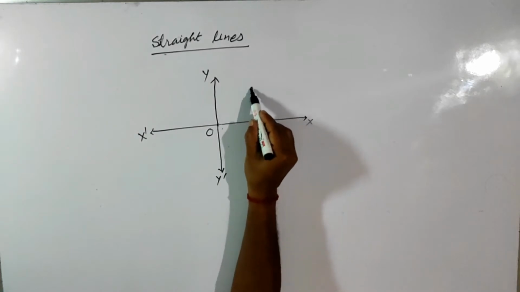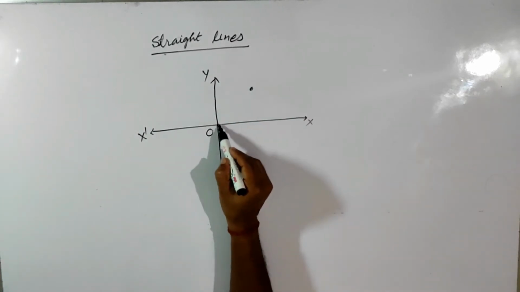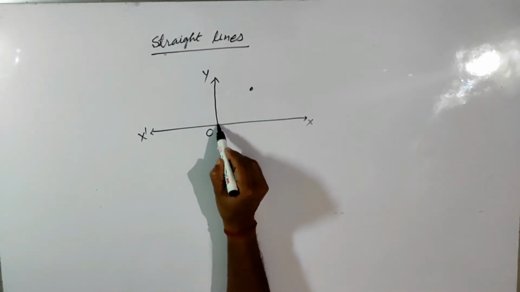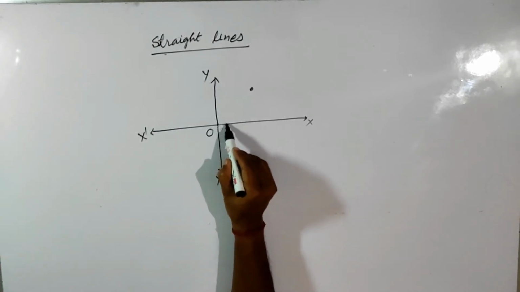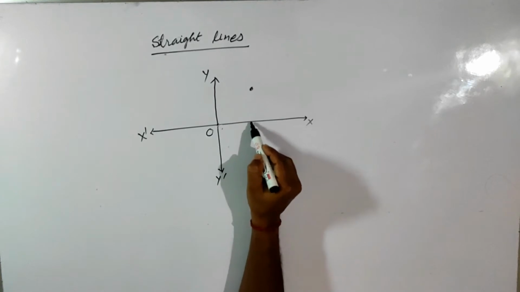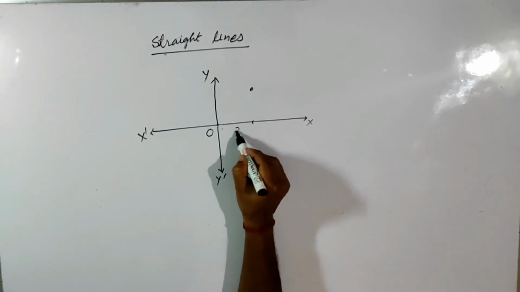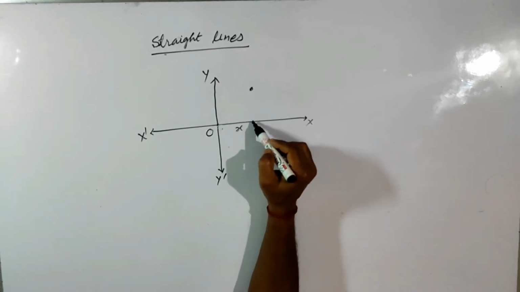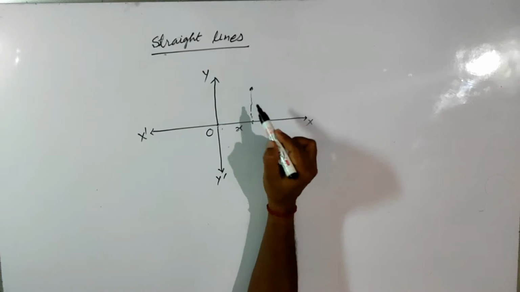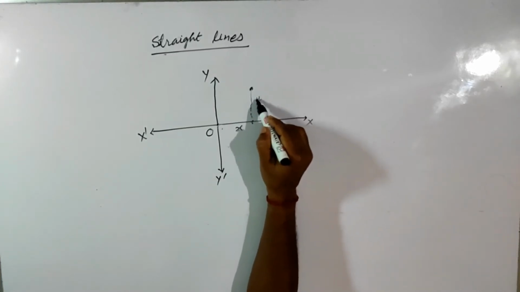Now to reach this point, you have to move from the reference point, that is the origin, to the right, suppose x units, and then you have to move along the y-axis y units.